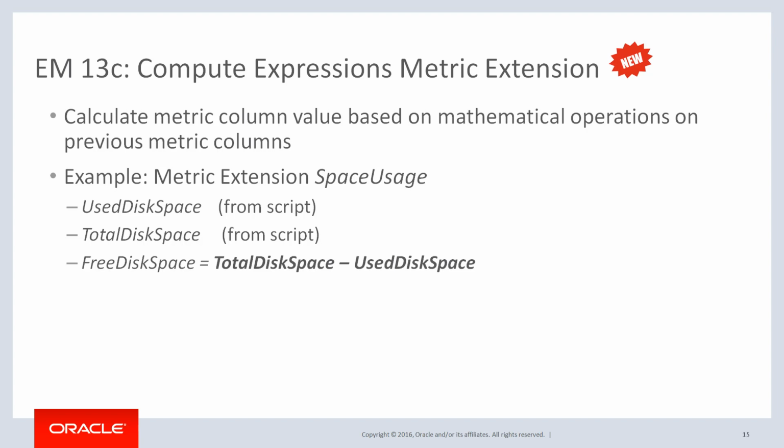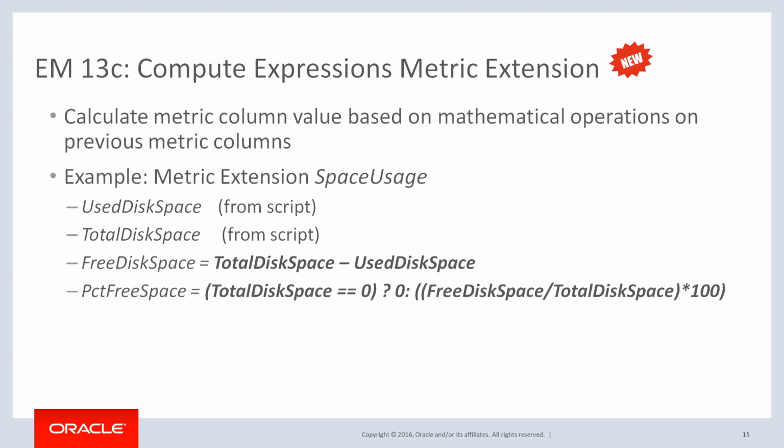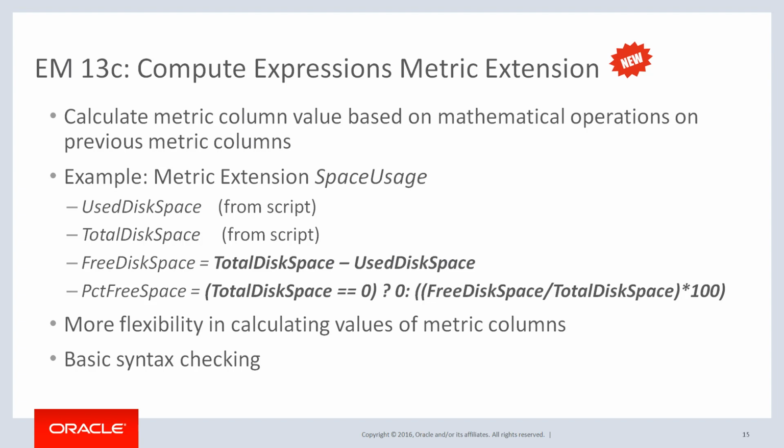Then we get the free disk space by subtracting used disk space from total disk space. Finally, we divide free disk space by total disk space and multiply that by 100 to get the percentage free space. This feature extends metric extension's capabilities further by allowing users to compute values within the metric extension itself.